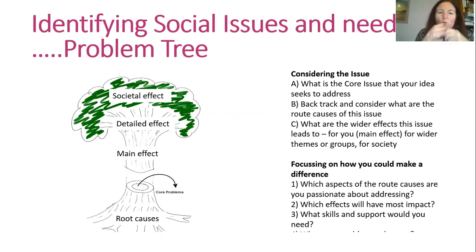So when you're trying to think through ideas and what you're best to do and what's going to make the best difference, this tool helps you walk through every facet of what's going on, starting with the core problem. So thinking about what is the issue or the idea, what is the core problem that your idea seeks to address.